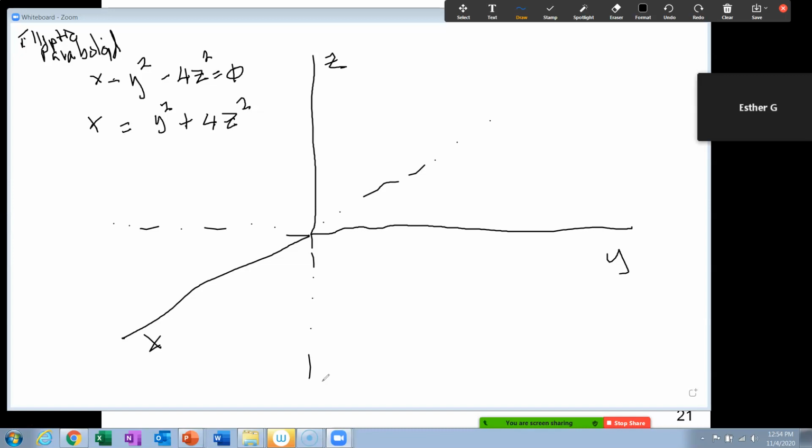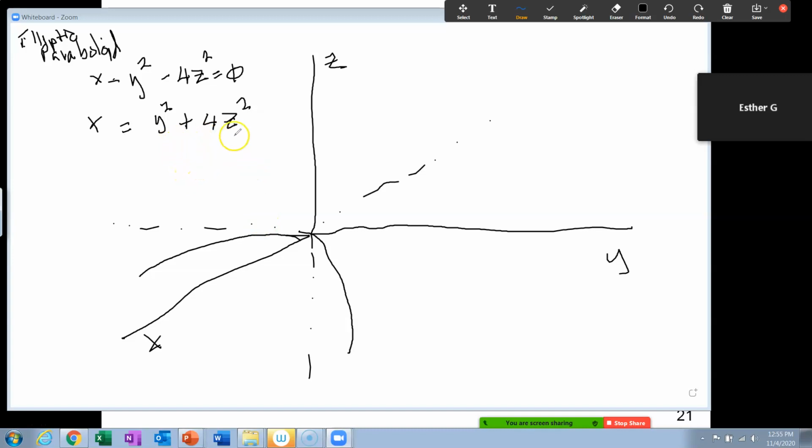Okay, now that supposedly gives us our space. Okay, it's still two-dimensional. Okay, now let's take z equals 0. So that's going to be the xy plane here. Well, this will be x is equal to y squared. Okay, so x is going to be positive whatever the y is. So that is your parabola in the xy plane.